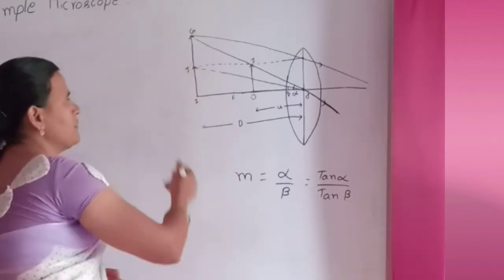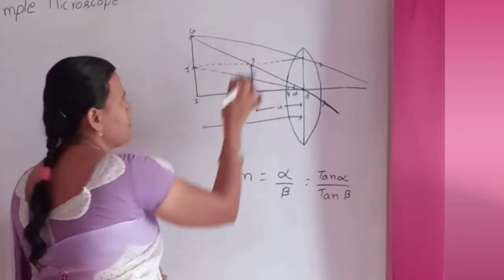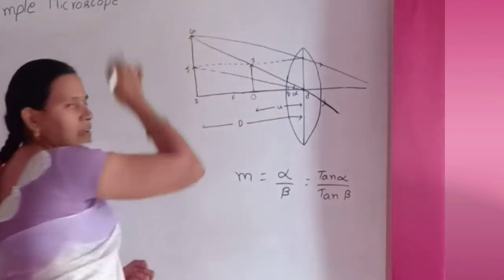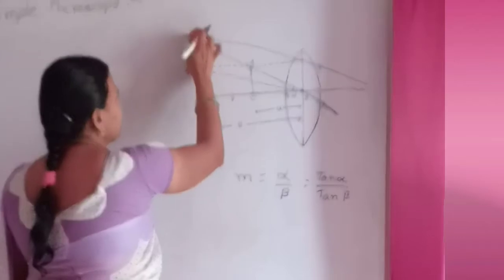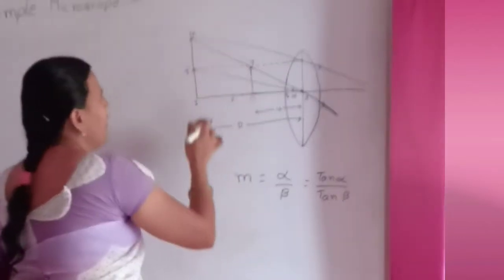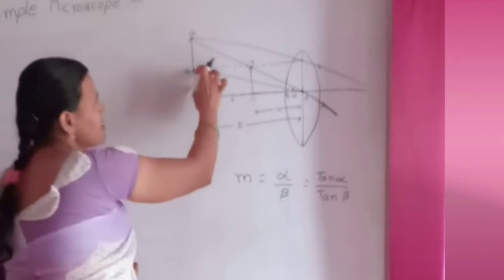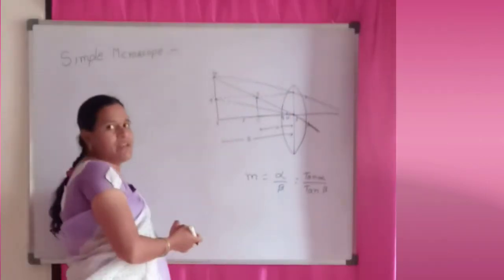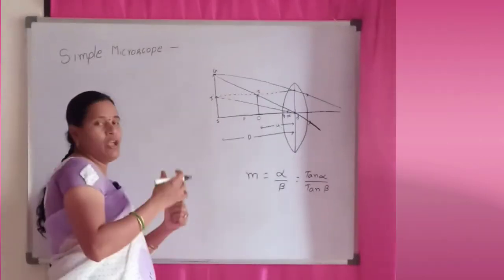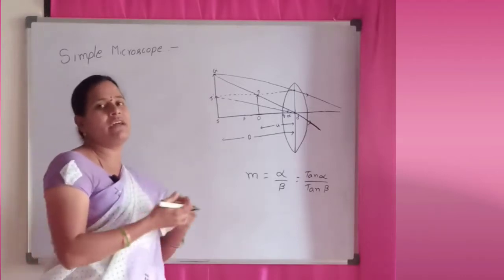So here once observe, OJ is the object and IG is the image. IG makes the angle alpha, and OJ, equal to IJ dash, makes the angle beta. So by the ray diagram we have to write tan alpha and tan beta.